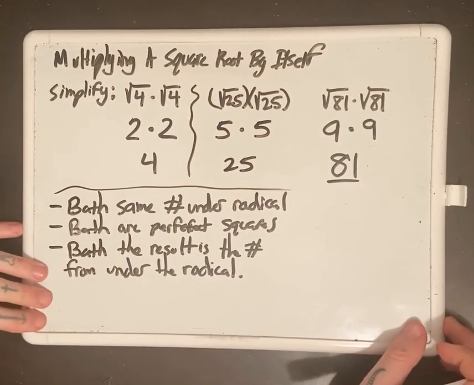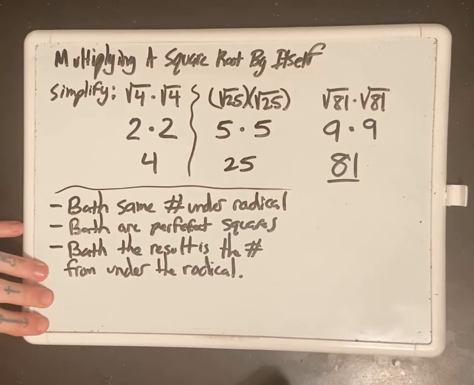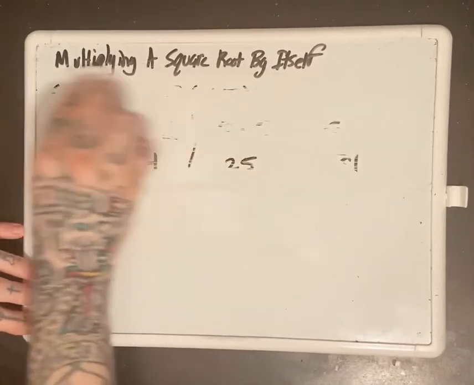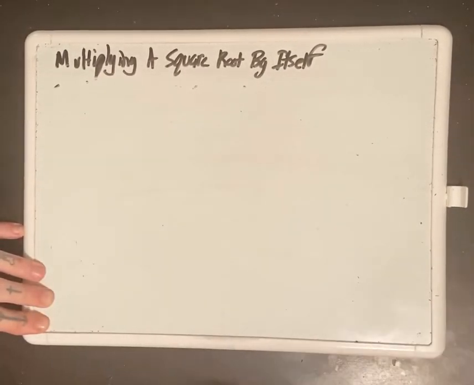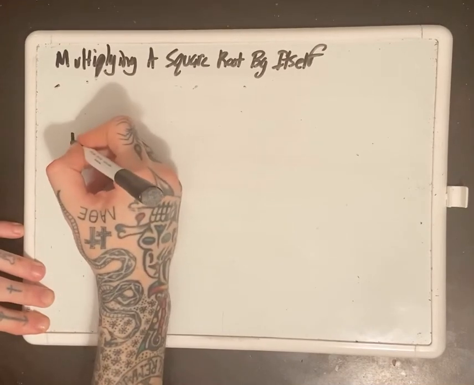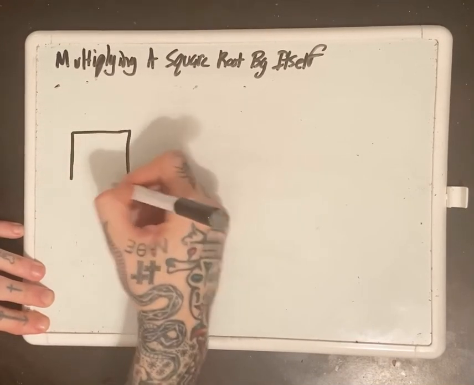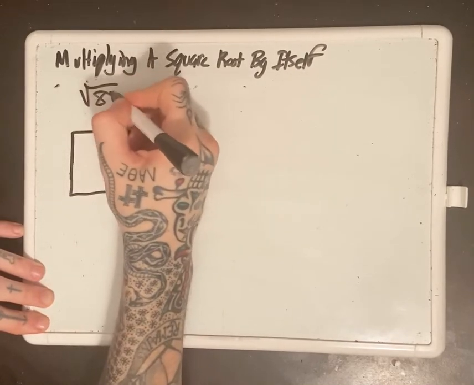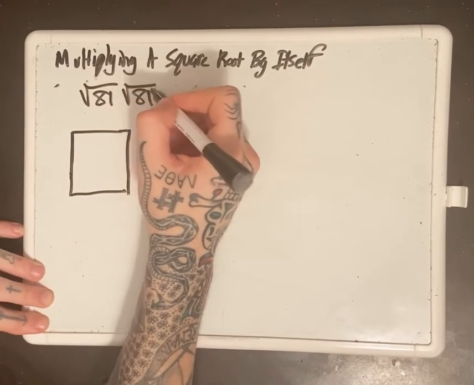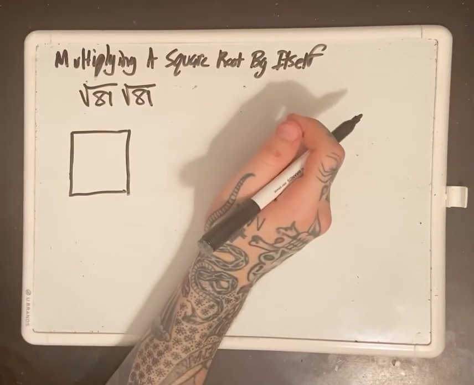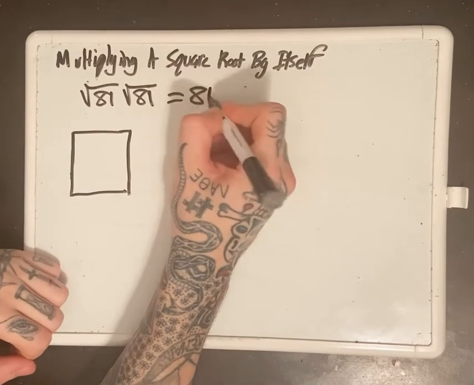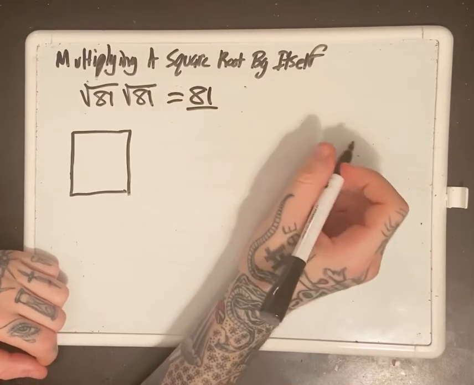So before we talk about why this is interesting, let's talk a little bit about why it's possible. If we remember back to our squares, we're going to use the square root of 81 times the square root of 81 as our example. We said that equals 81.